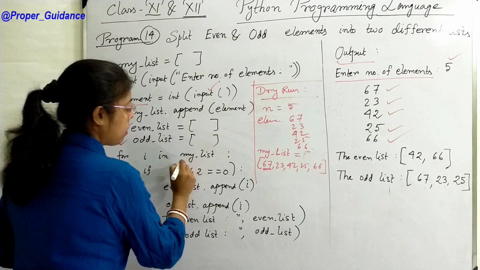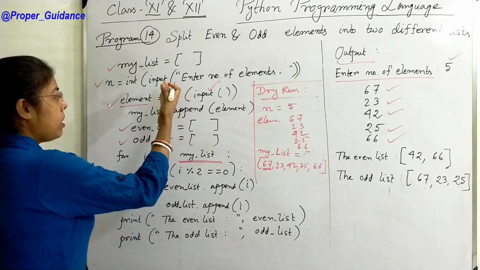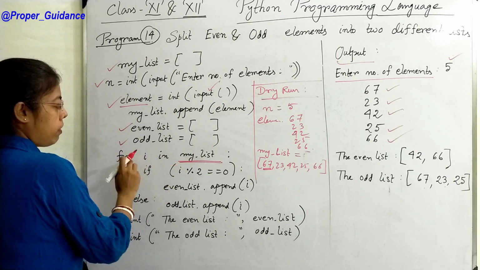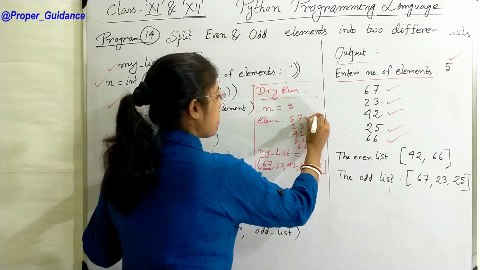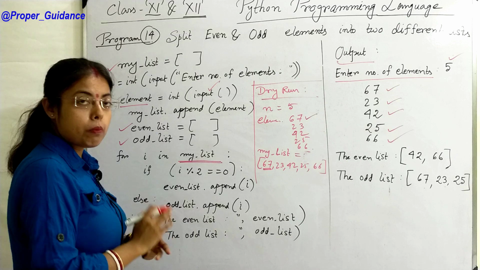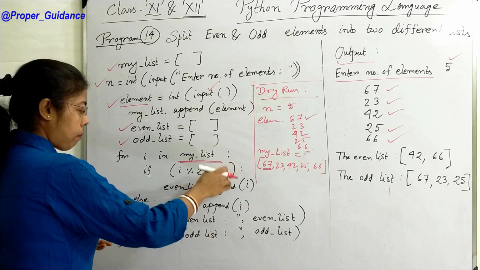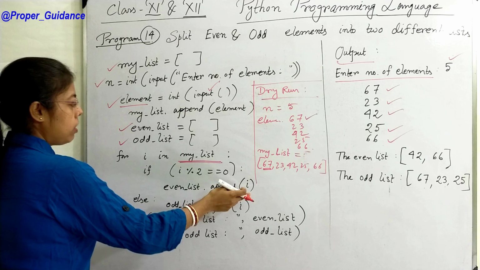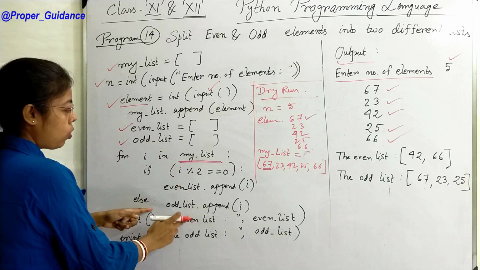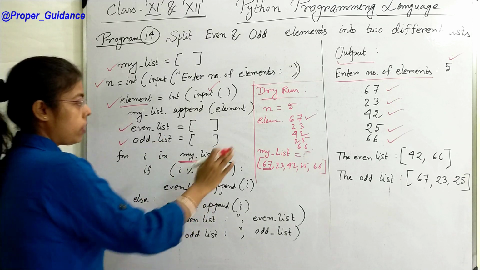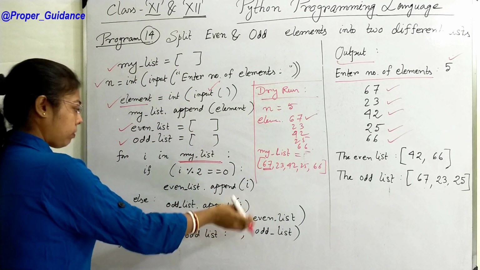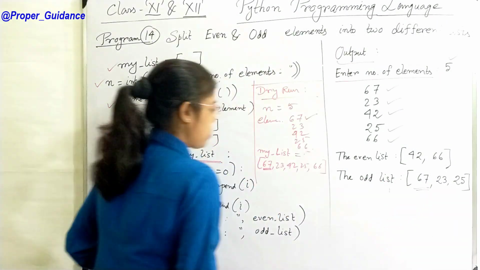For I in my list, in this list, at the first position, the value is 67. We are doing 67 modulus 2, whether it is divisible by 2 or not. If yes, then append to the even list; and if it is not divisible by 2, then go to the odd list. So 67 is not divisible by 2, that's why it is in the odd list section.